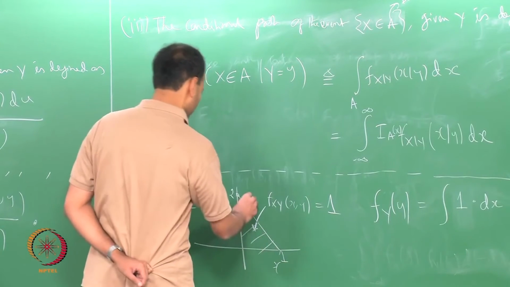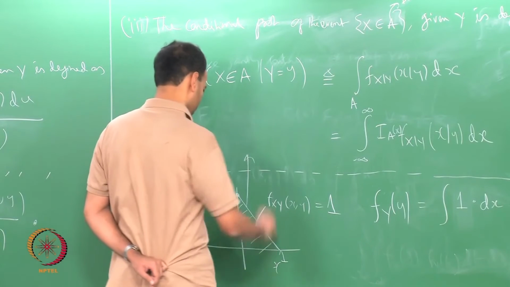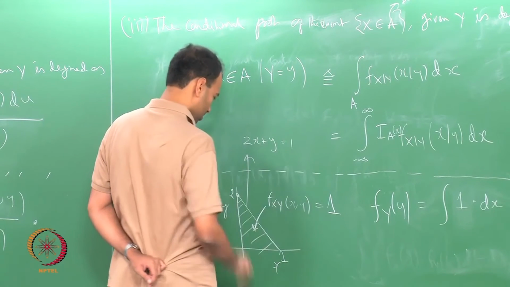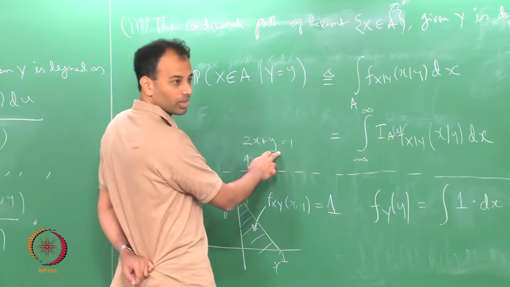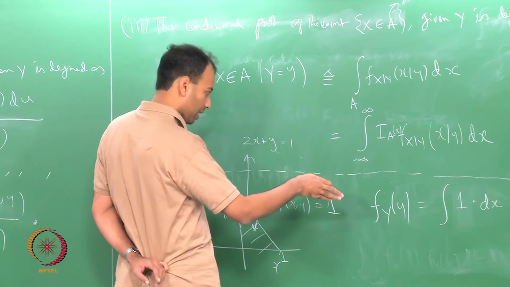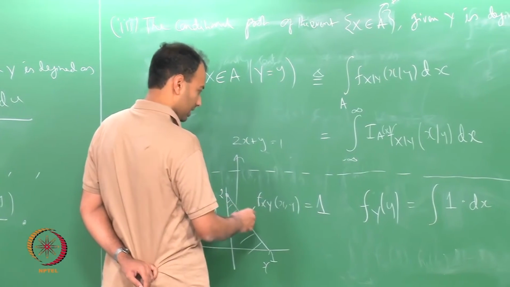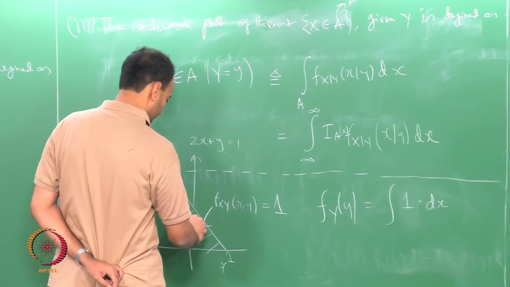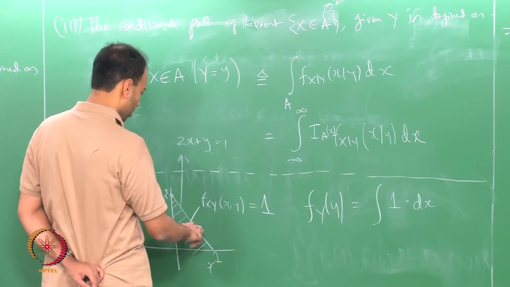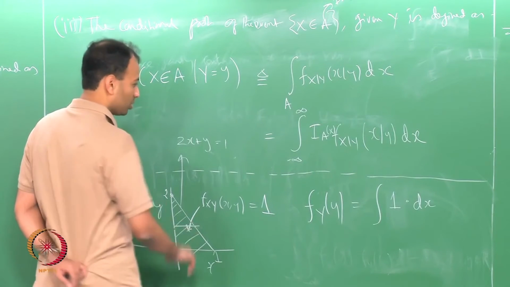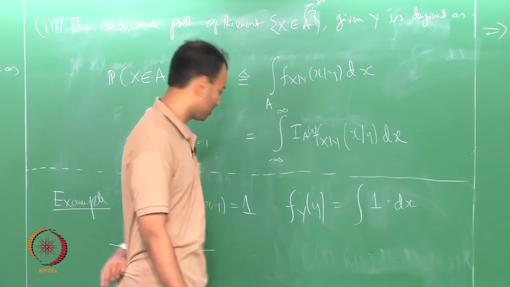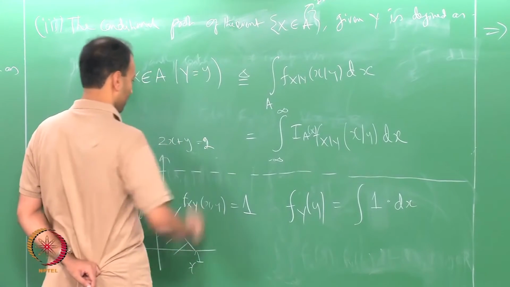So, what is this line? This line is 2 x plus y equal to 1 or the other way around, this is the line, right. So, I am fixing a y and I am integrating over x. So, here x should vary from 0 to 1 minus 2 x, no, 2 x plus y equal to 2, you are right, 2 x plus y equal to 2.